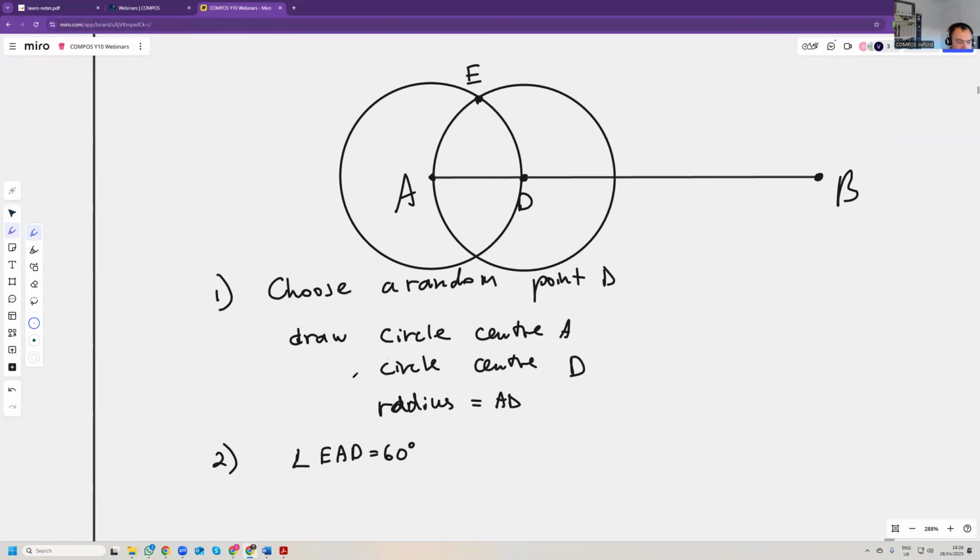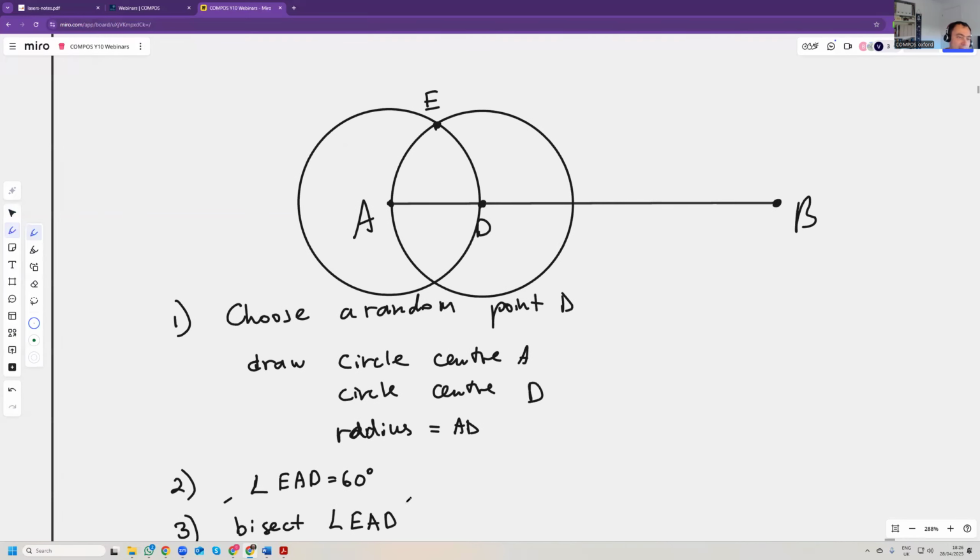Bisect this angle, 3. Bisect angle EAD. So how do we bisect an angle? Well, we know how to do that.